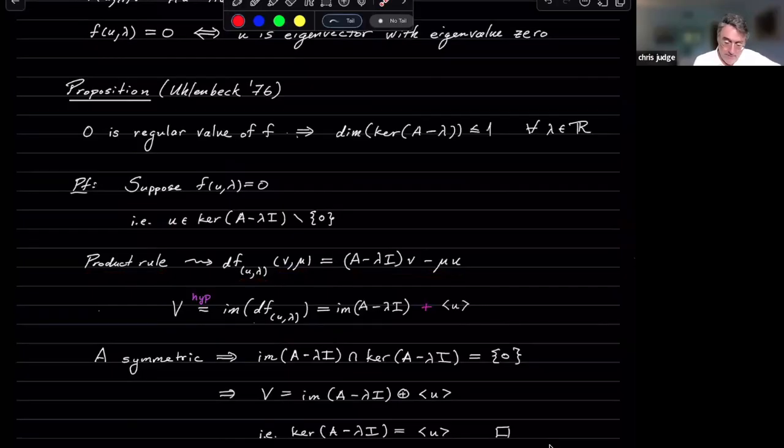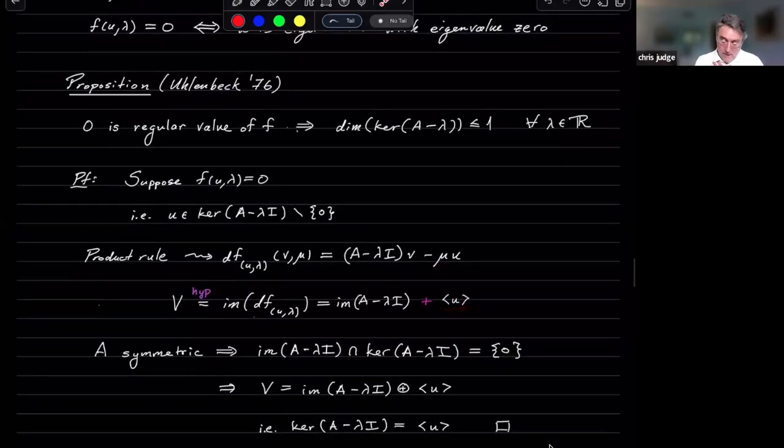By hypothesis, 0 being a regular value says that the image of the differential at that point is going to be all of V. On the other hand, from this calculation, since I'm allowed to choose any v and any mu, I get the image of A minus lambda I plus the span of u. So this is the span of u.